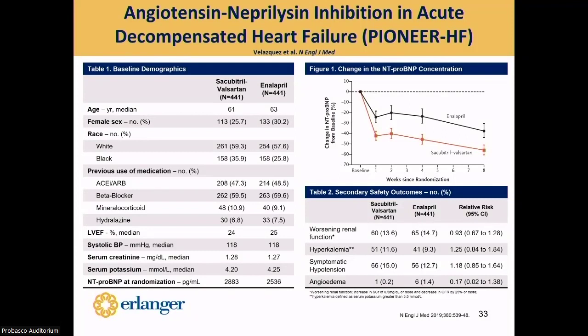Your x-axis there is the week since randomization, and your y-axis is that change from baseline, the percentage change. So you can see that Entresto greatly reduces that as compared to enalapril, and that difference remains constant throughout the whole 8 weeks of randomization. Table 2 at the bottom lists the secondary outcomes, the safety outcomes, and the difference in worsening renal function, hyperkalemia, symptomatic hypotension, and angioedema, noting that none of these were statistically significant between the 2 groups.